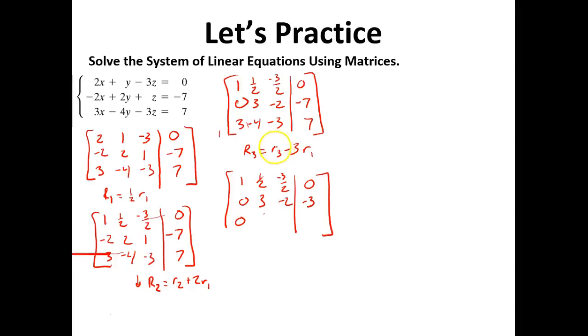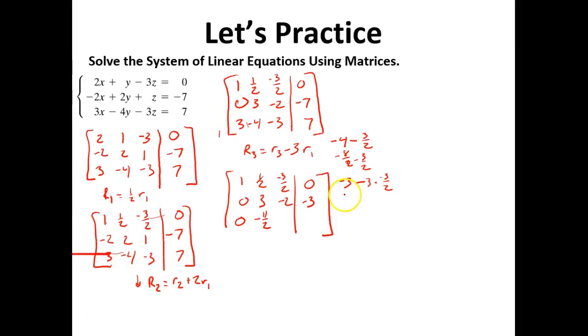So here, this row 3, so -4 minus 3 of this, so minus 3 halves, we'd have -8 halves minus 3 halves is going to be -11 halves. Here, -3 minus 3 of this, well, that's really -3 minus 3 times -3 halves.